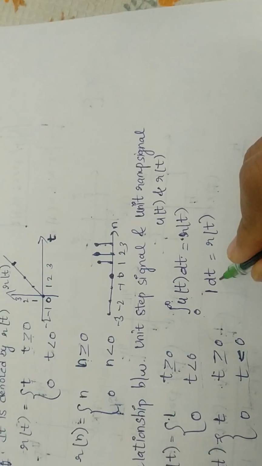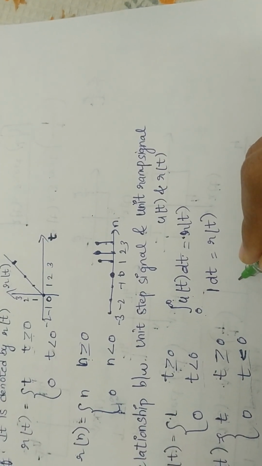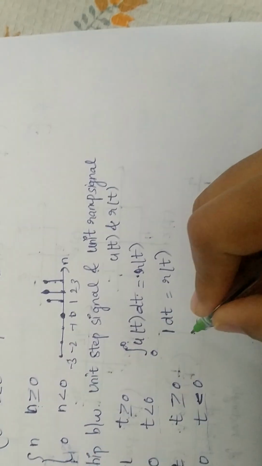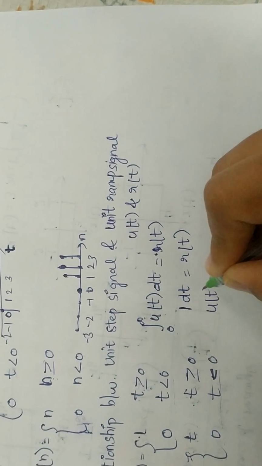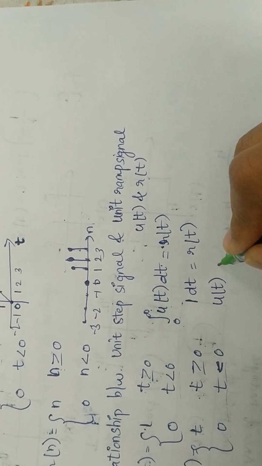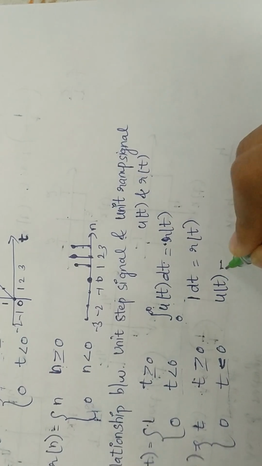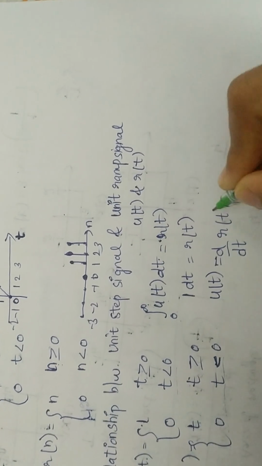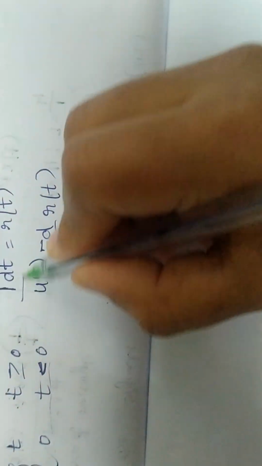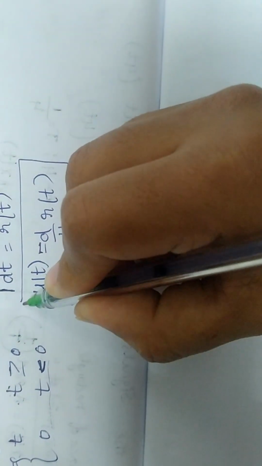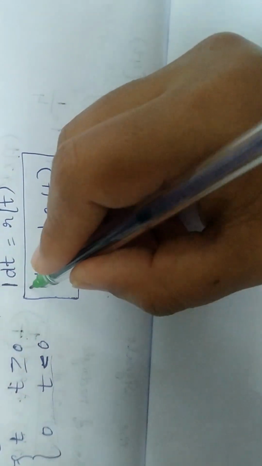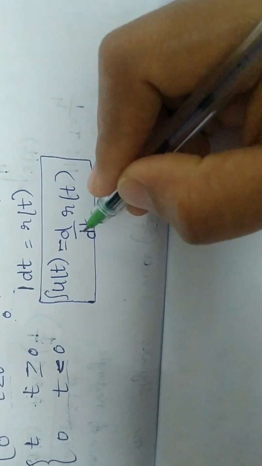So u of t is equal to d by dt of r of t. This is the relationship between u of t and r of t, the integral value here.